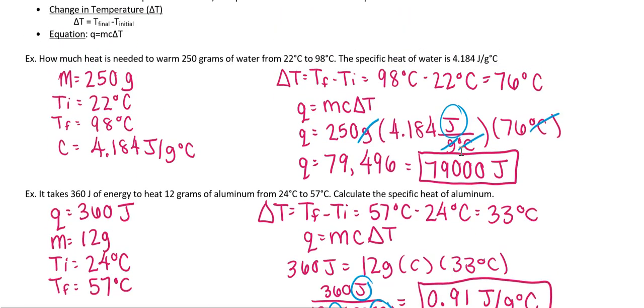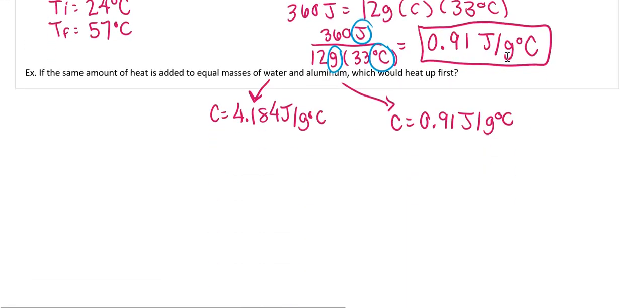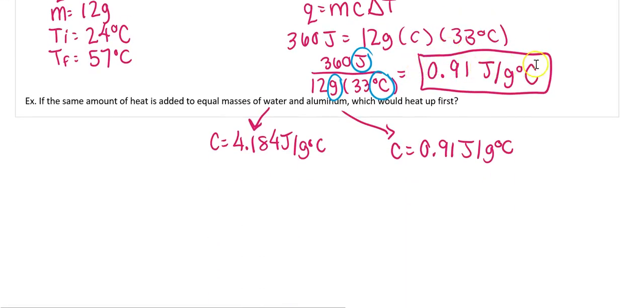So in the first problem, we saw that the specific heat of water is 4.184 joules per gram degree Celsius. In problem 2, we calculated the specific heat of aluminum, 0.91 joules per gram degree Celsius. So if I added an equal amount of energy to equal masses, which would heat up first? It is going to be the aluminum.